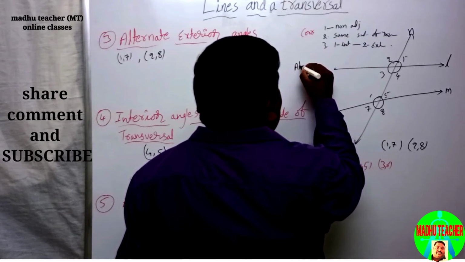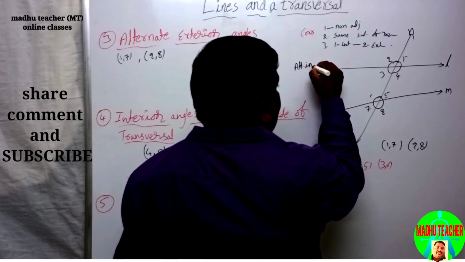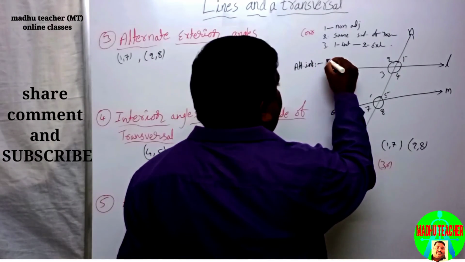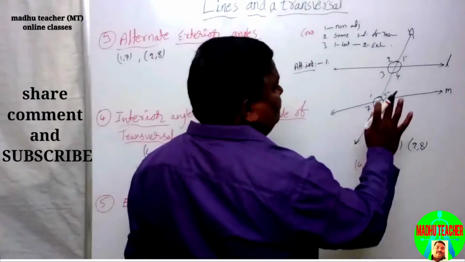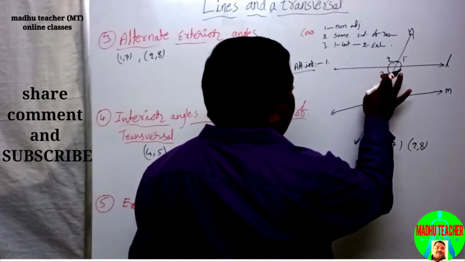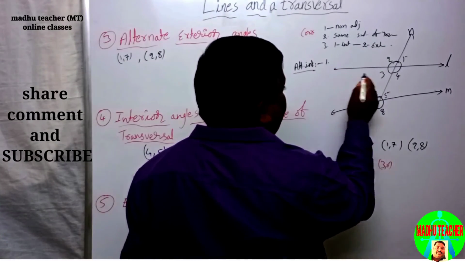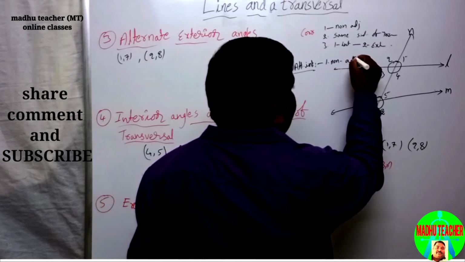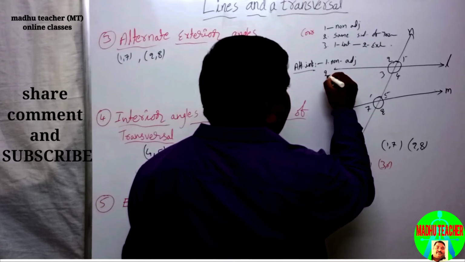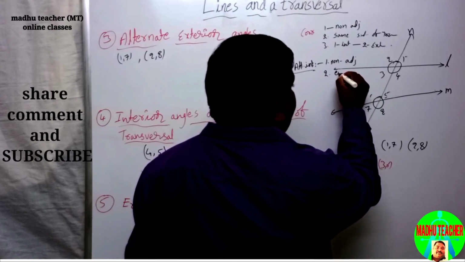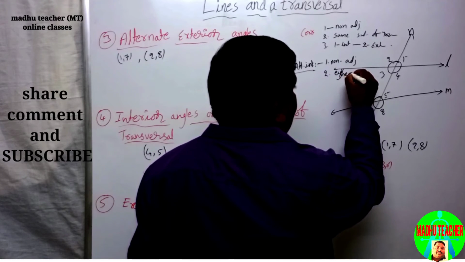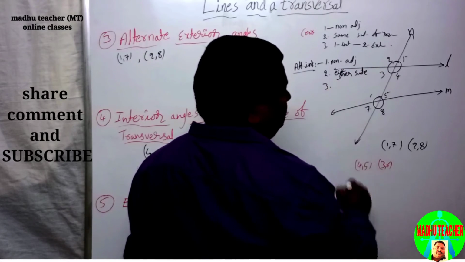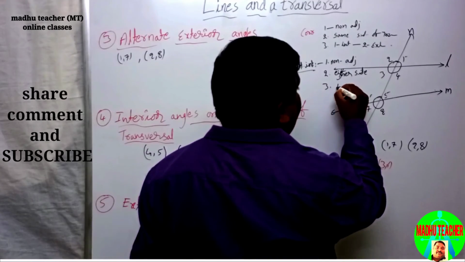Next one is alternate interior angles. Here also there are three conditions. One, both are non-adjacent angles. Second, the angles are on either side. Third, both are interior.